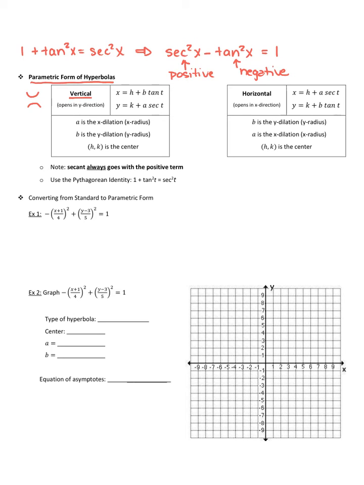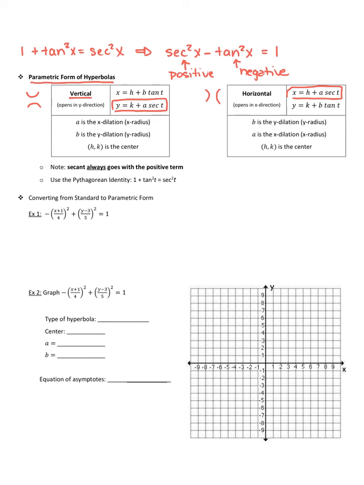So that means the y term would be the positive. So notice that y is getting the secant term here, and x is getting the tangent term. If it's horizontal, then notice the x is getting the secant term. And so the h and the k, your center, is out in front, your dilation is a and b. I don't always look at it that way.